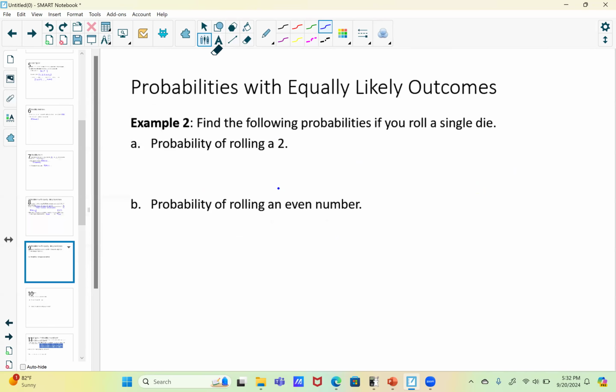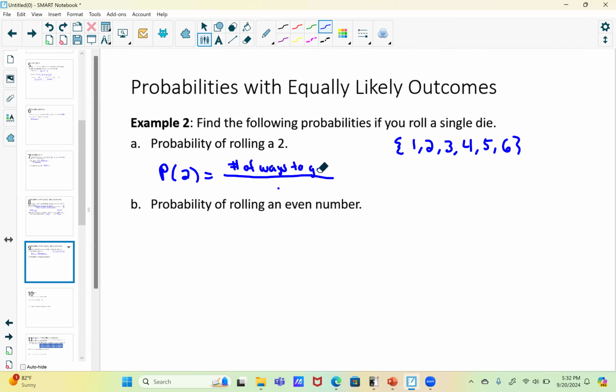So we're going to do a few examples. I want to find the following probabilities if you roll a single die. First, the probability of rolling a 2. I know some of you can just look at it and tell me, but we're going to write out the sample space and think about it using that formula. My sample space of rolling a die is the numbers 1 through 6. The probability of 2 equals the number of ways to get a 2 over the total number of outcomes.